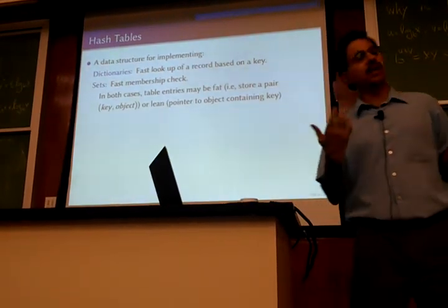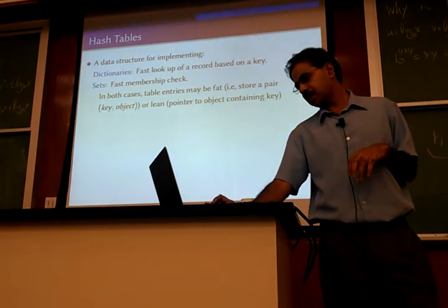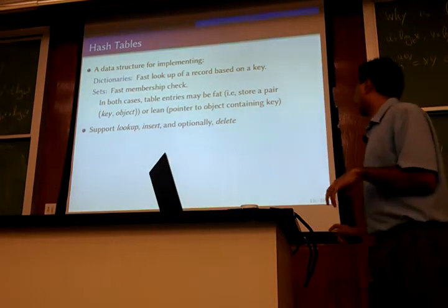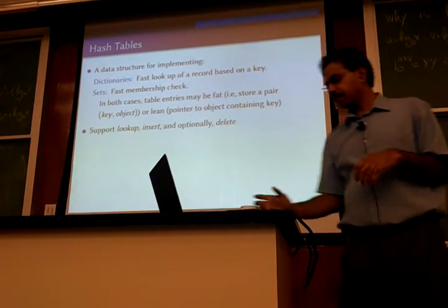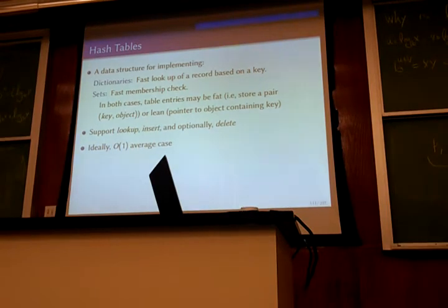But some operations like union and so on are not necessarily fast. So the most common case is for a dictionary, and typically you want to support operations like lookup, insert, and delete, ideally in order of one average case. This is what you want to achieve.